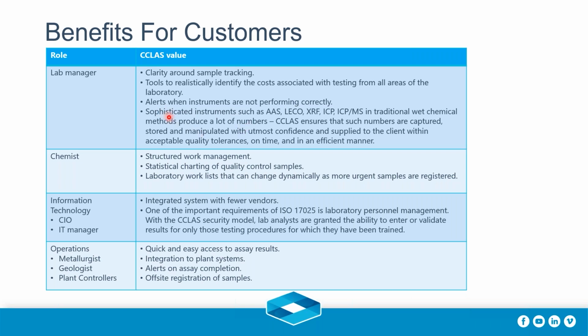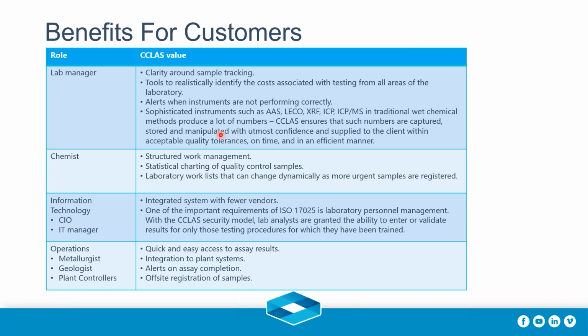And obviously in a laboratory, there's a lot of instrumentation in wet chemical laboratories that produce a lot of numbers. So it's important that CCLAS automatically captures these numbers, so there's no cutting and pasting of data, which can create errors.